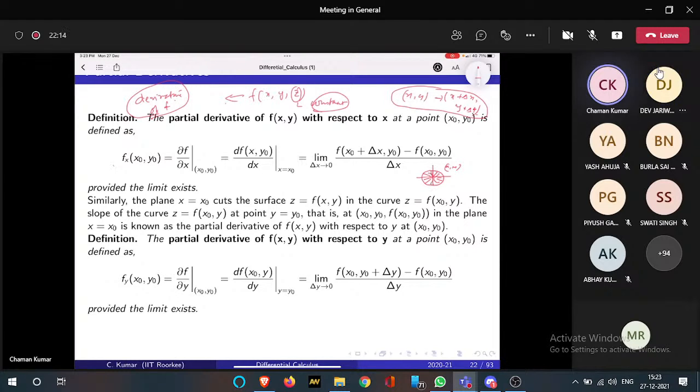So this notion is completely different from the notion of partial derivative. In partial derivative, you fix all variables except one variable. If you have a function of 2 variables, you fix one variable. If you have a function of 3 variables, you fix 2 variables and treat this as a function of one variable. If you have a function of 4 variables, you fix 3 variables and treat this as a function of one variable.